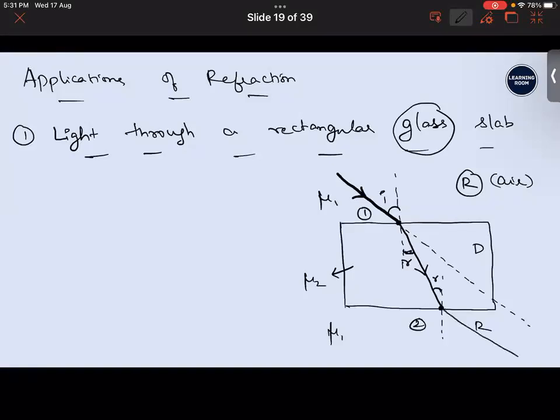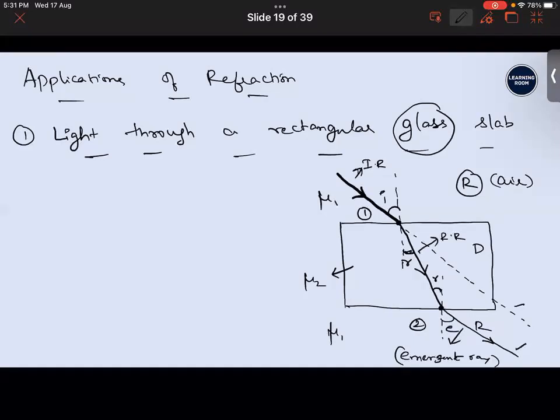So denser to rarer medium means it starts moving away from the normal. Now, this will be the incident ray, this will be the refracted ray, and this will be the emergent ray. If you observe, emergent ray and incident ray, we have to see what is the relation between them.